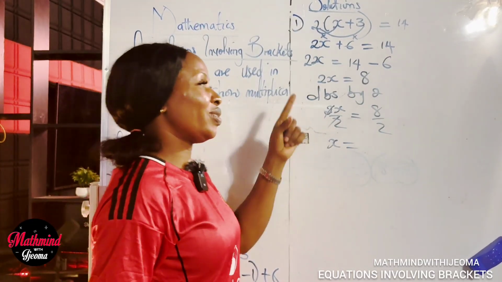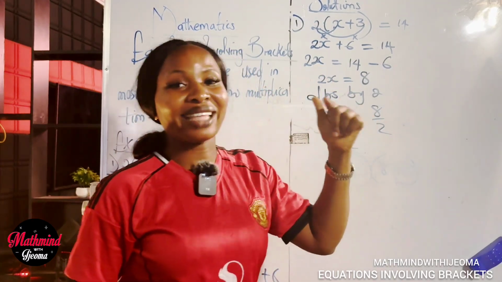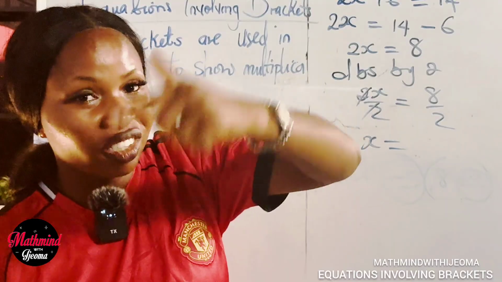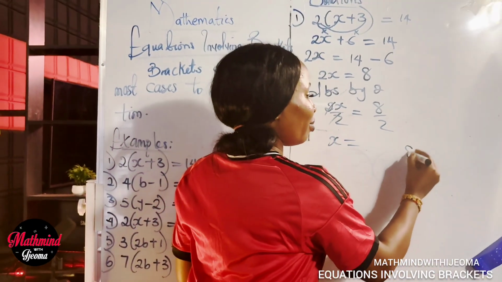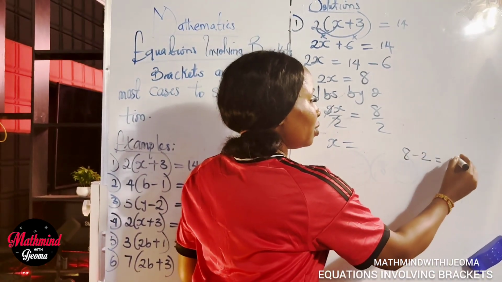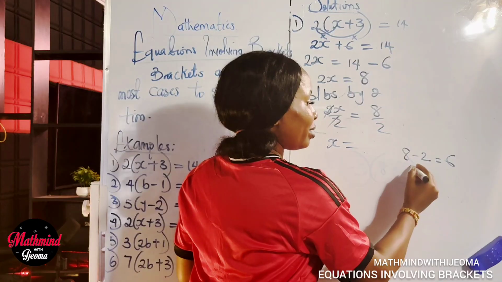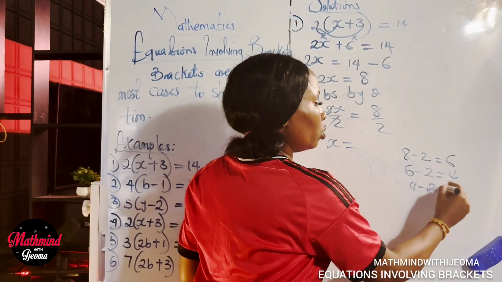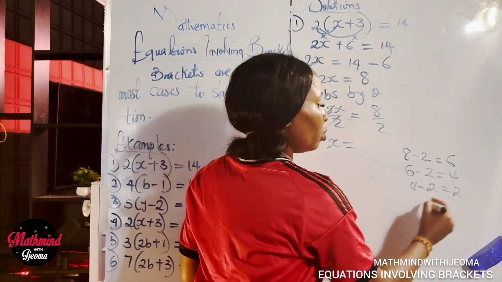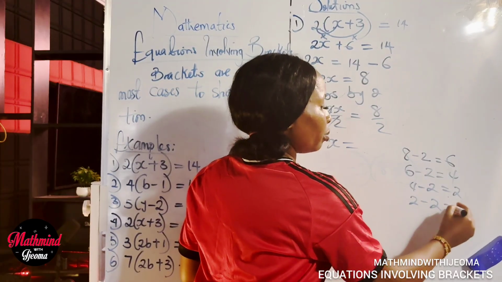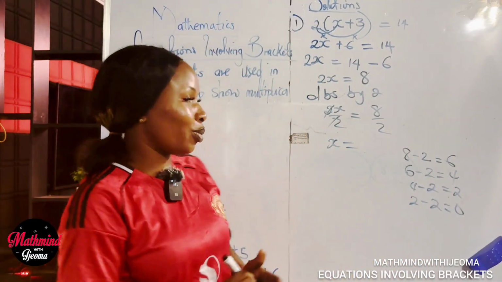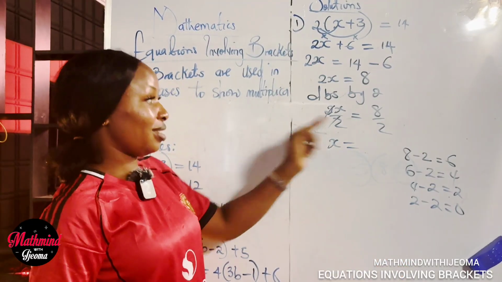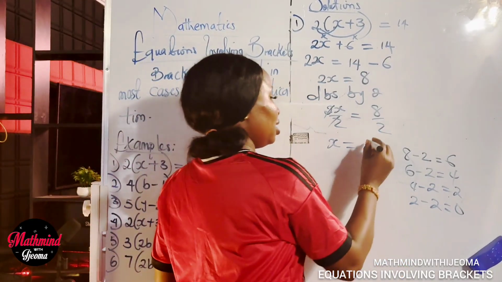Remember, you can still say, how many times will you subtract 2 from 8 to give you 0? 8 minus 2, 6. 6 minus 2, 4. 4 minus 2, 2. 2 minus 2, 0. I subtracted 4 times to get 0. That means 8 divided by 2 is 4.